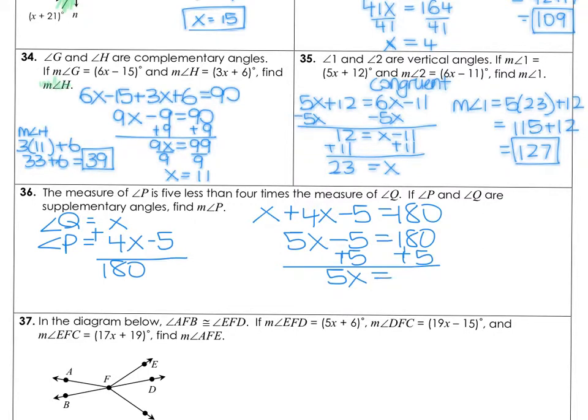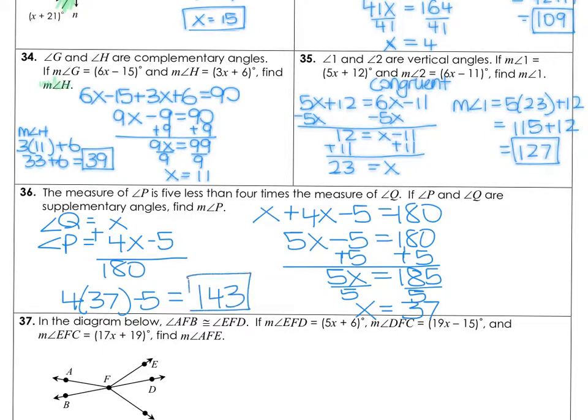So we add 5 to both sides. And then divide by 5. And it wants to know P. So we're going to take 4 times 37 minus 5. 143.